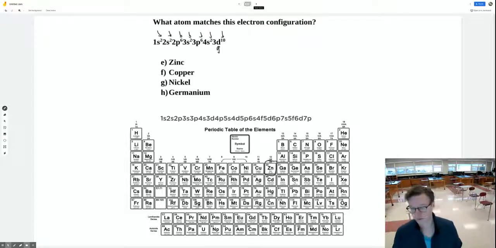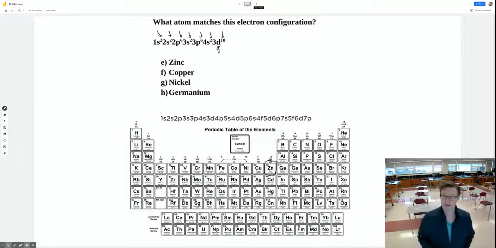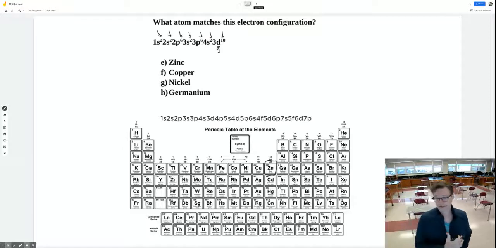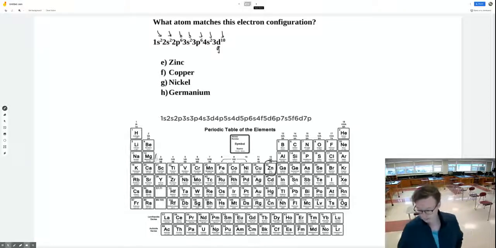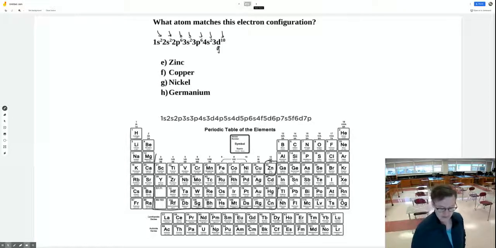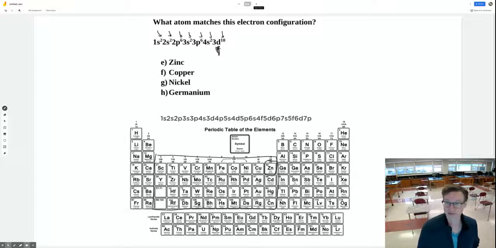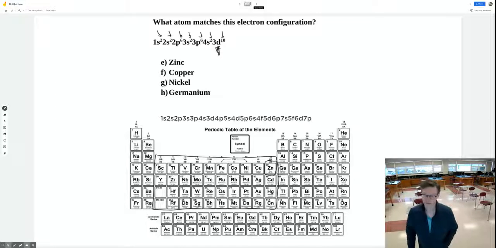And I'm also just going to point out, if you watch the video with the electron configurations from, I believe it was Thursday or Friday, they talked about the fact that the periodic table is actually broken up into blocks. This center section here is called the d block. Every atom in that group will end with a d configuration.